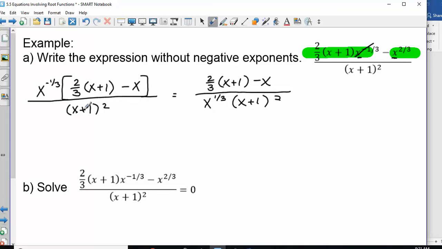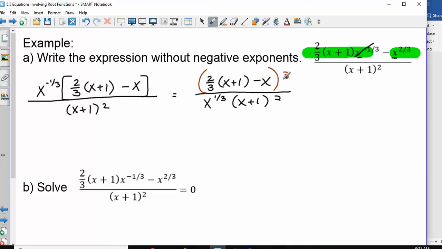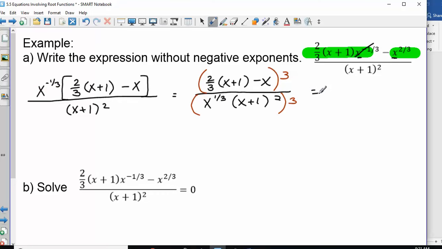But because I have two terms on the top, what I'm going to do is multiply by 3 on the top and bottom. Wait, why are we multiplying by 3? To cancel this fraction. So 2/3 times 3 would just be a 2. Minus x times 3 would be a 3x. And then on the bottom we have our 3 times this.